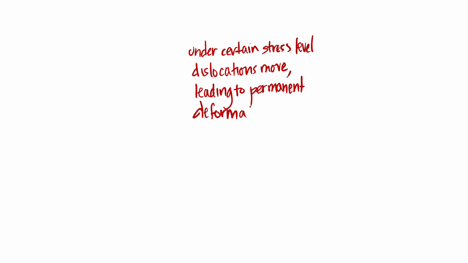In order to make a metal stronger, I need to prevent this permanent deformation. I do that by preventing the motion of dislocations.